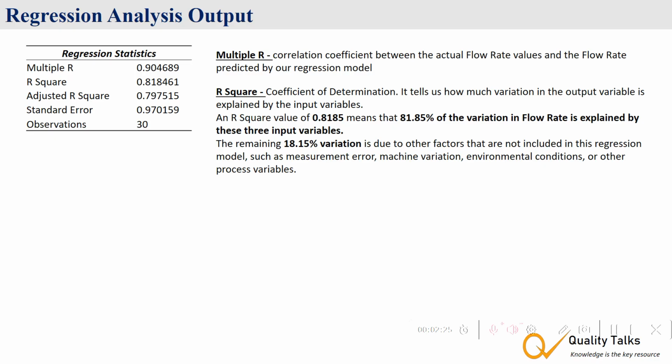R square is the coefficient of determination. Coefficient of determination explains the variation in output variable due to the input variables. In our case, the value of R square is 0.8185.